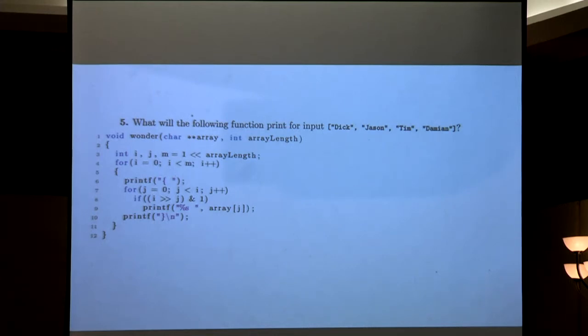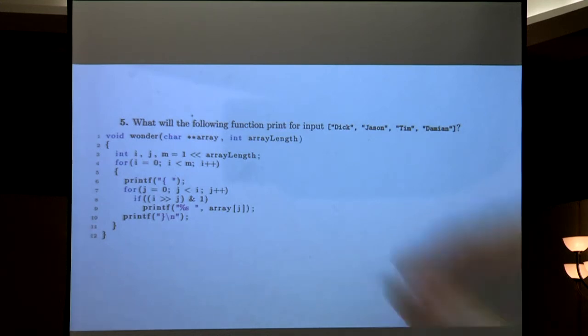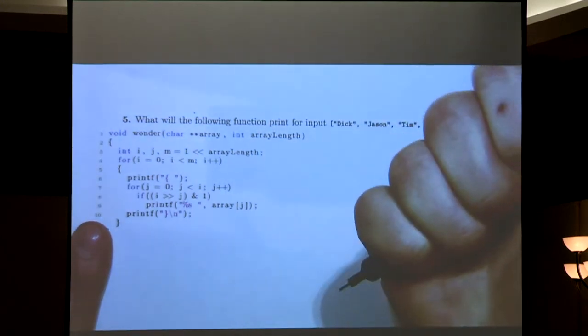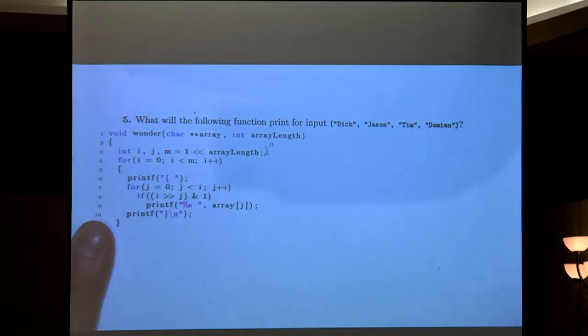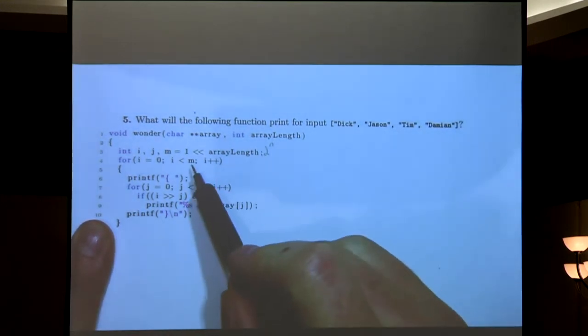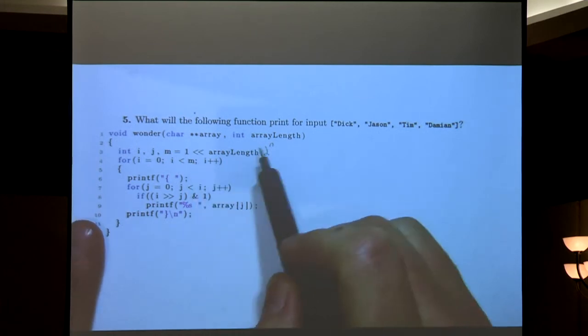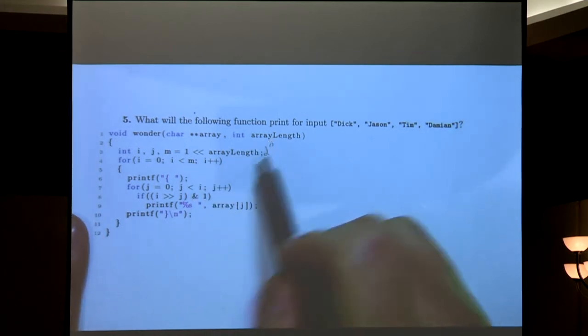But in terms of the array length, 2 to the power of array length is what this is. I'll just say this is 2 to the n, basically. So we're going to loop that many times. So the big O of this function is at least 2 to the n, which is kind of big.